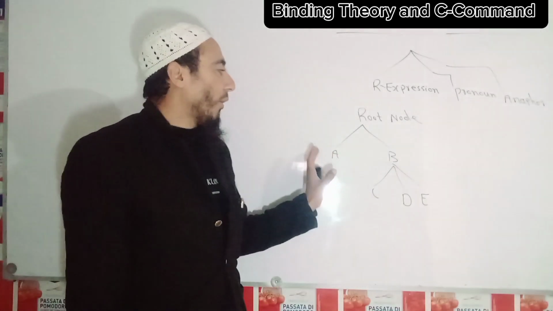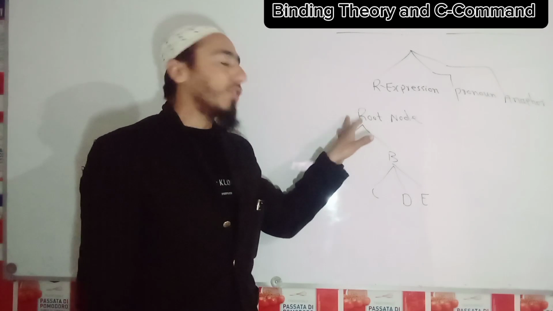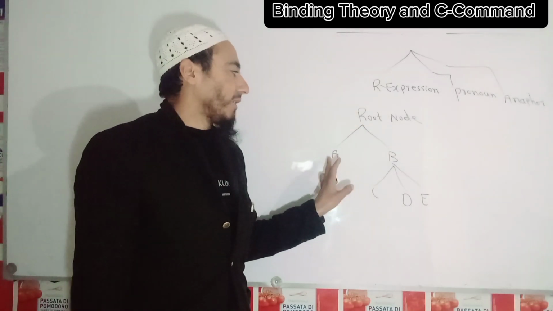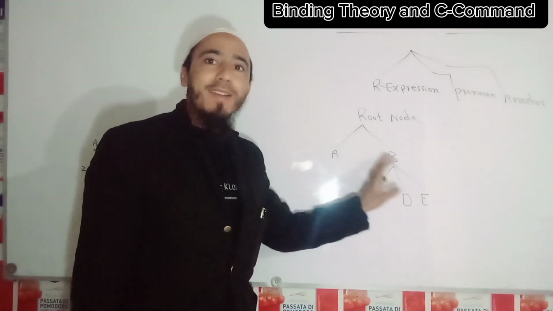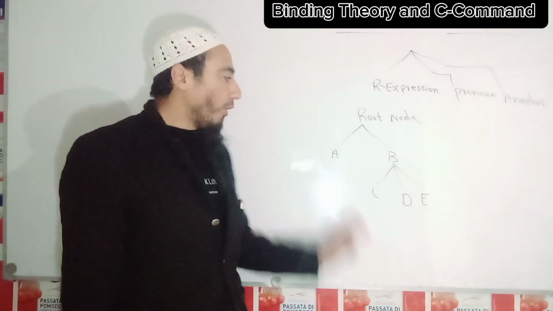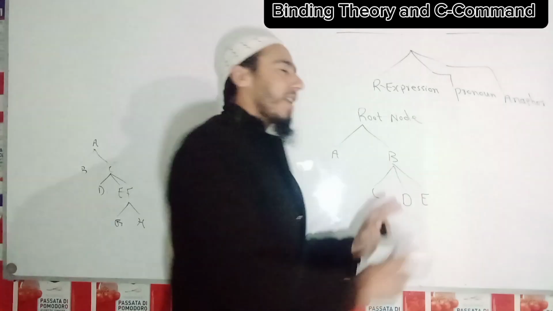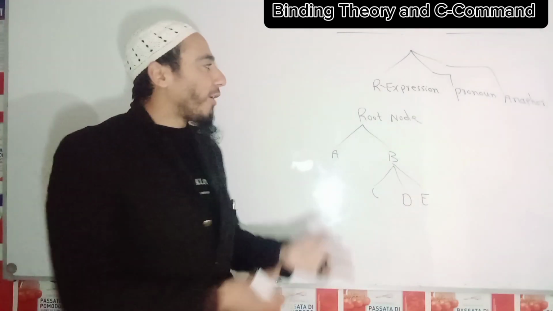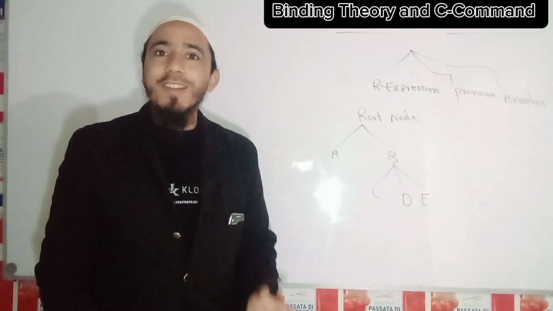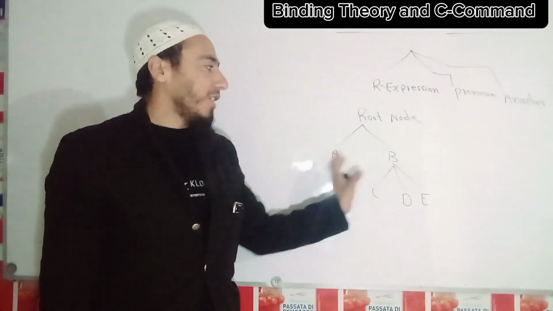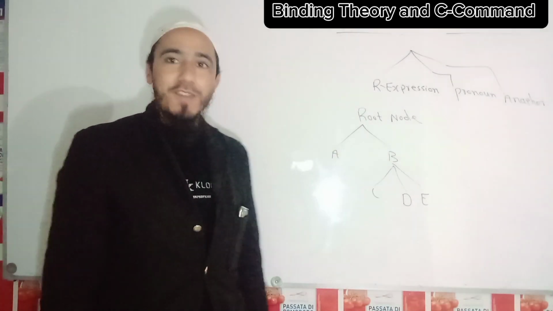So when we say A and B, in the root node we have node A and node B. Syntactically, based on structural relations, they are the sisters of each other.